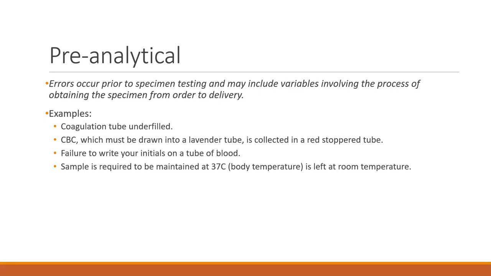Some samples are required to be maintained at 37, which is body temperature, and it was left at room temperature. So there's all kinds of things that occur pre-analytically that may result in inaccurate and imprecise results.